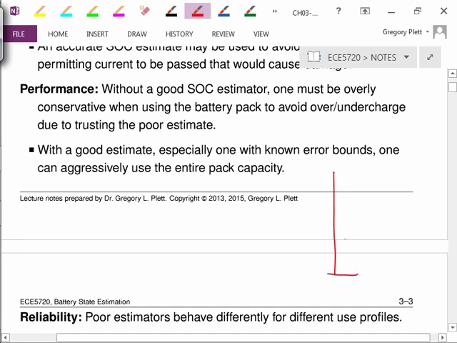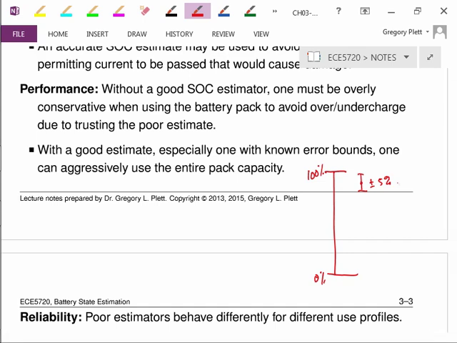So if I say in my battery pack I'm allowed to use between 0% and 100%, and that might not be the case, but let's suppose we are, and I know that my estimator has error bounds of plus minus 5%, and if I knew that exactly, then I would never charge my battery pack to the point where any cell was above what I thought was 95%, because I've got to leave this 5% margin to make sure I'm not overcharging a cell by mistake.